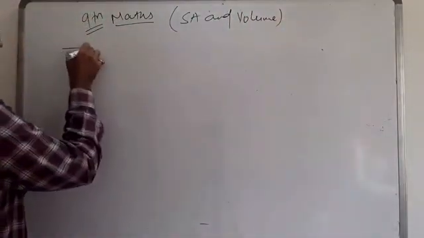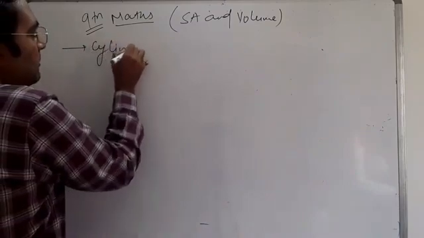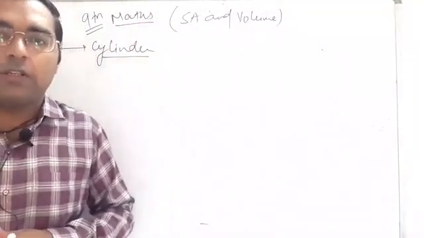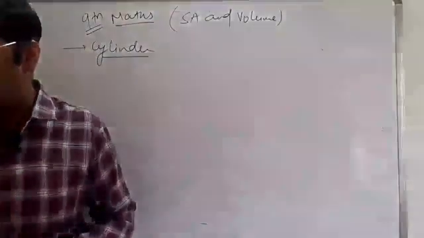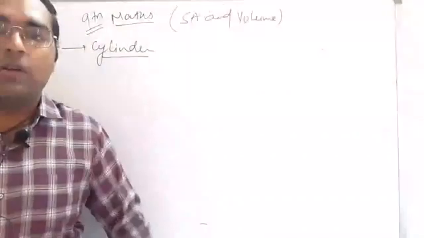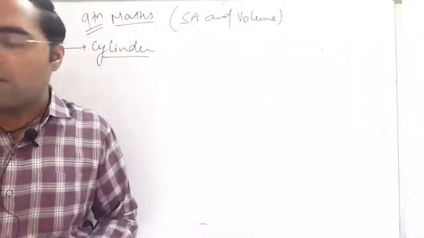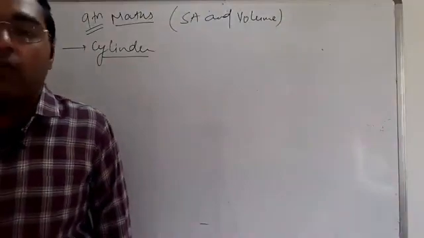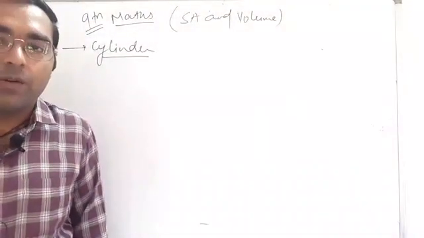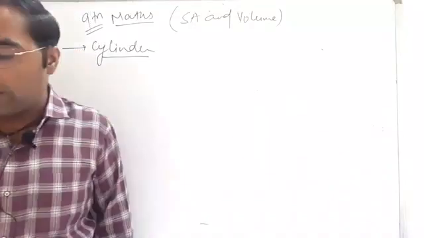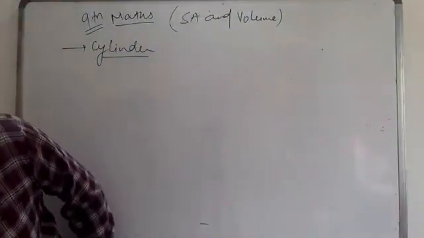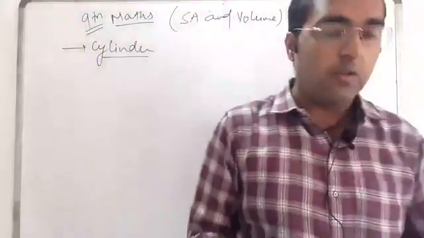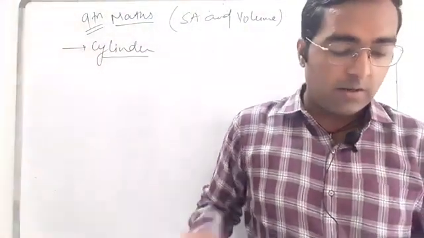We already learnt about the surface area of the cylinder in the previous lecture, but in today's lecture we will learn about the volume of the cylinder. So let us start without wasting time, with some examples related to volume.